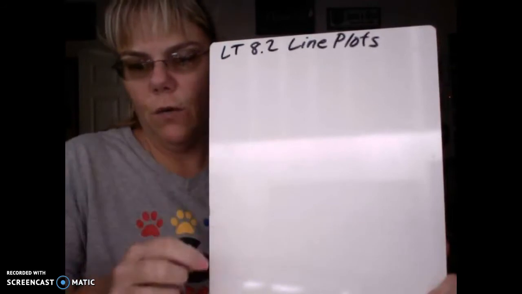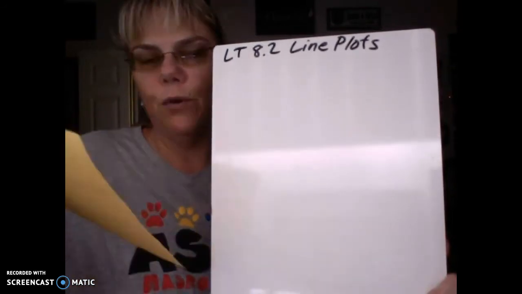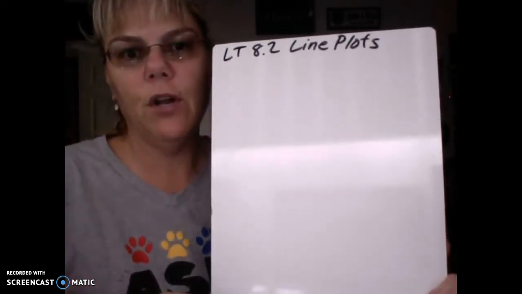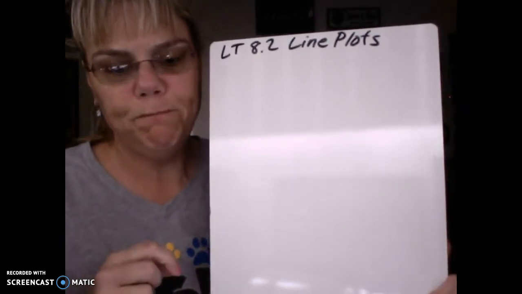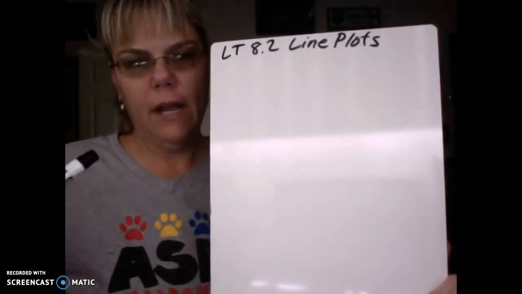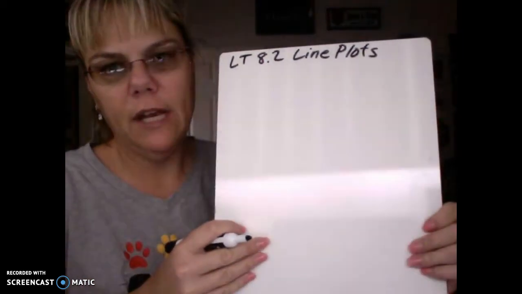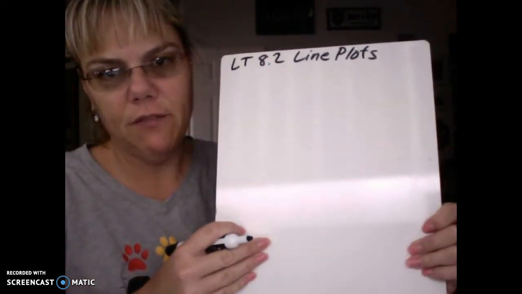Okay, so I'm going to follow through your notes. I put a copy of your notes up onto Google Classroom. And the first thing is line plots. It's the definition.